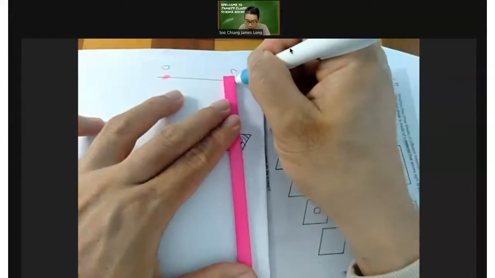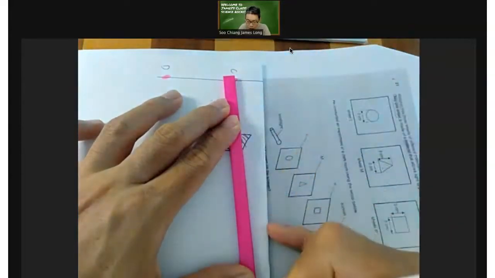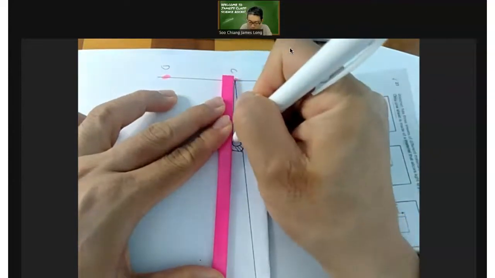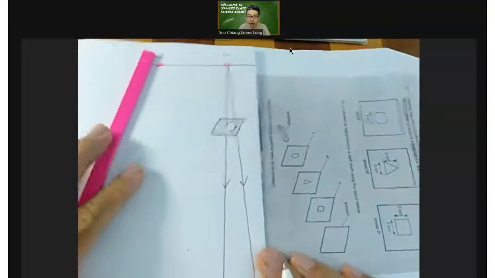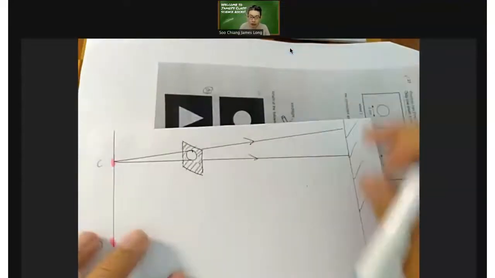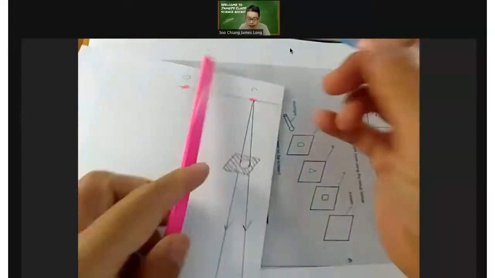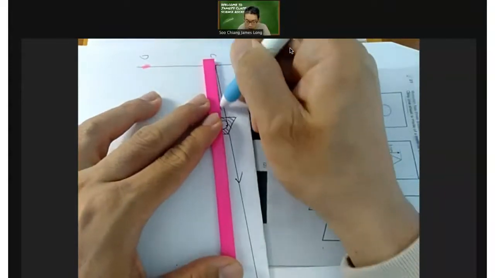Light, of course, will still pass through above and below. As you can see, the light that passes through the center will go right through it. It's different from before, isn't it?